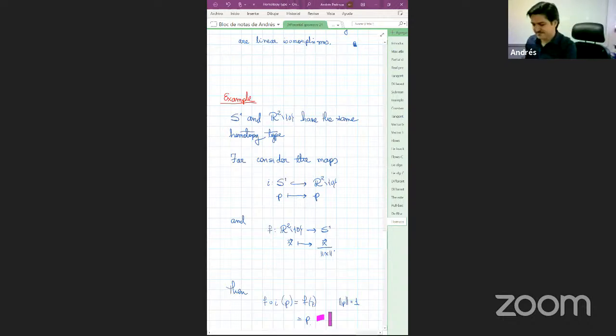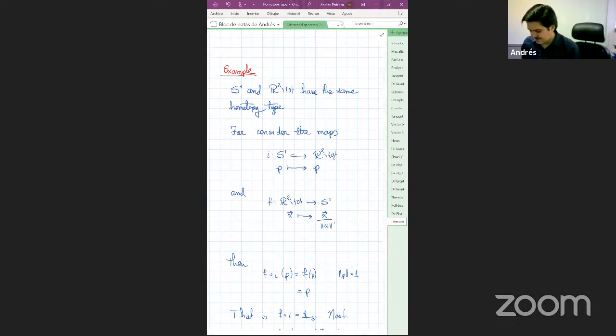Right? So in this case, I got a stronger relation. The two functions are equal. I was hoping to get homotopic maps, but it happens to be equal.